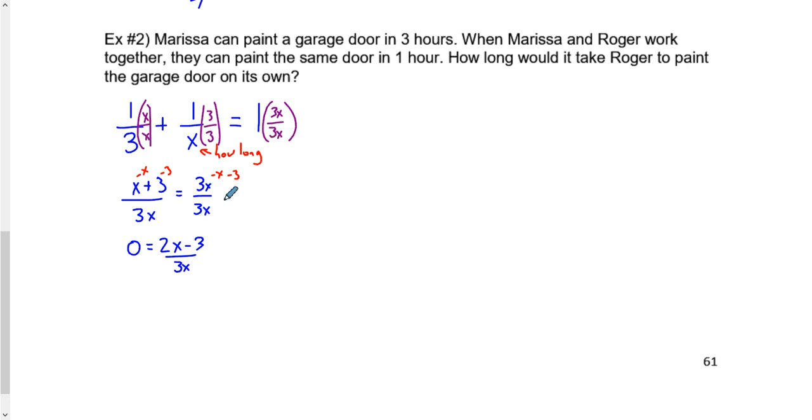I know I can't factor anything out of there, so I'm good to continue and finish off the rest of my work. Quickly solving this, x is 1.5. So it would take Roger 1.5 hours to paint the same door, just on his own.